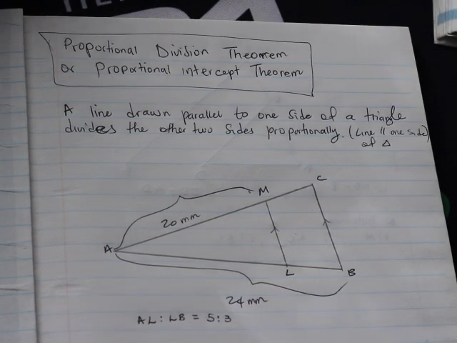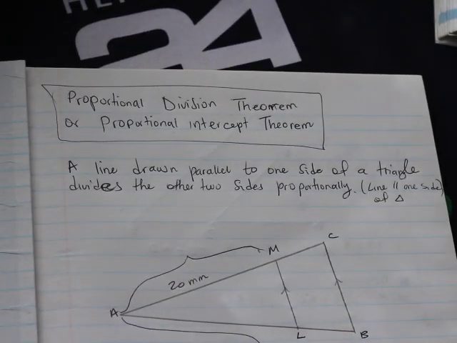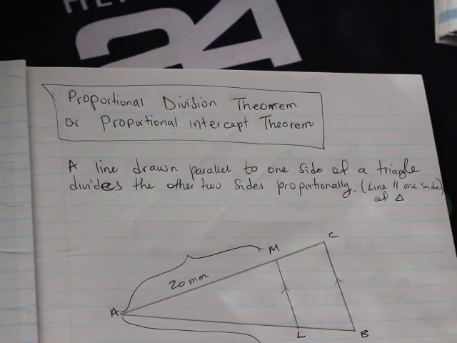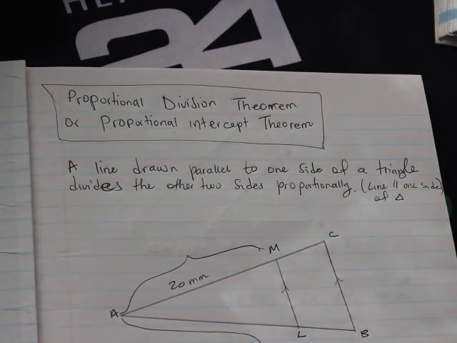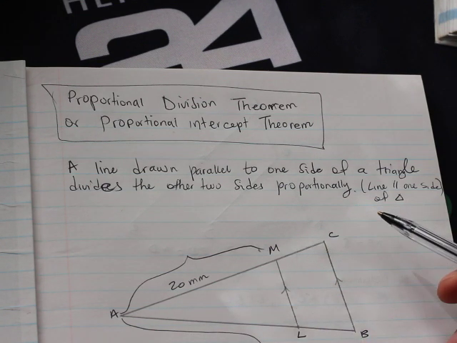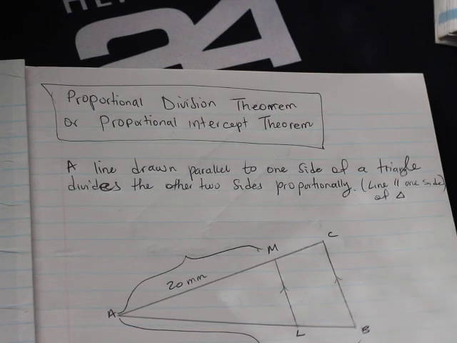Basically, you can see, as I've written there, a line drawn parallel to one side of a triangle. Meaning that initially, we have just a triangle. Then we draw a line that is parallel to one side of the triangle, so we go within the triangle.